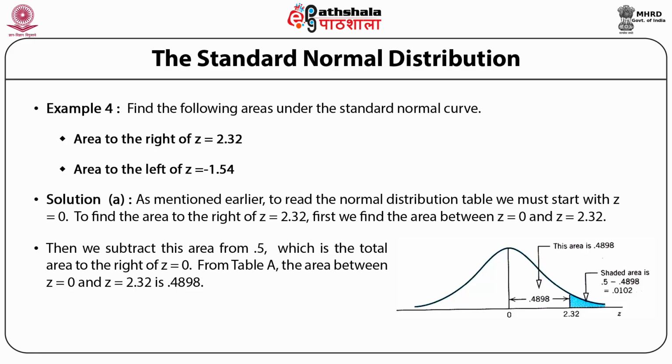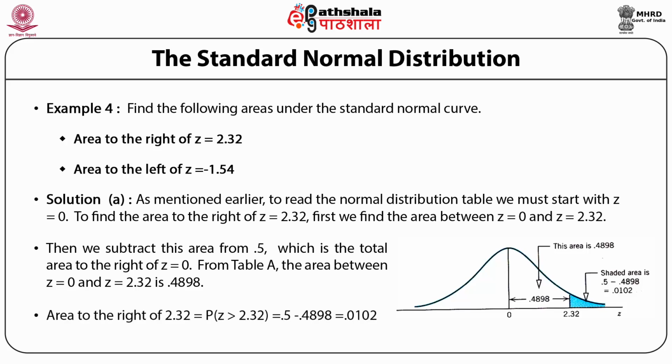Always, the values which we take from the table give the area between 0 and the z value, and the area to the right of z we can find by subtracting from 0.5. That is half of the area, that is 50% of the area. From 50% of the area we subtract the value and we will get the other value. As shown in the figure, you can make it clear.